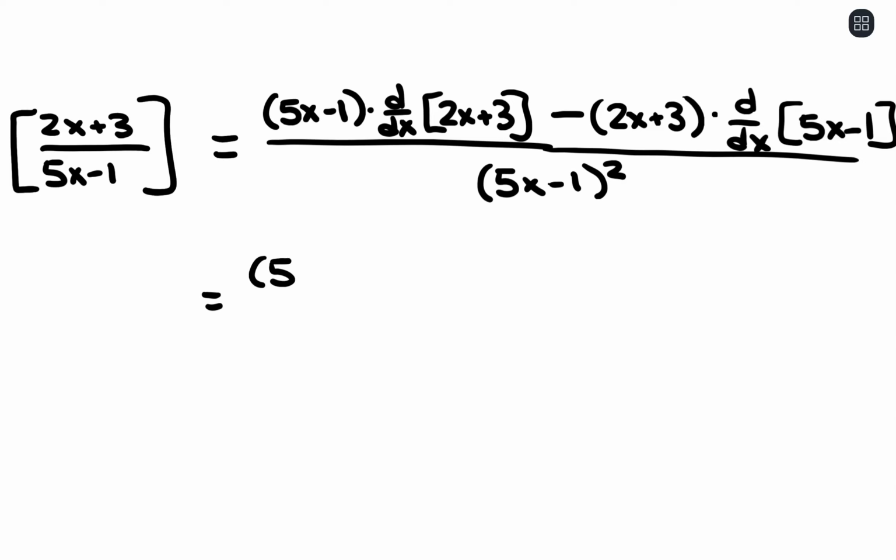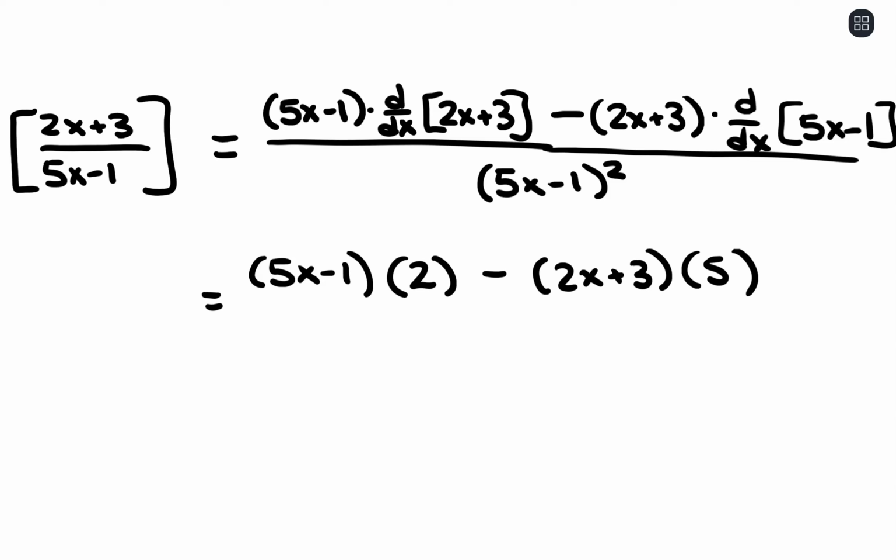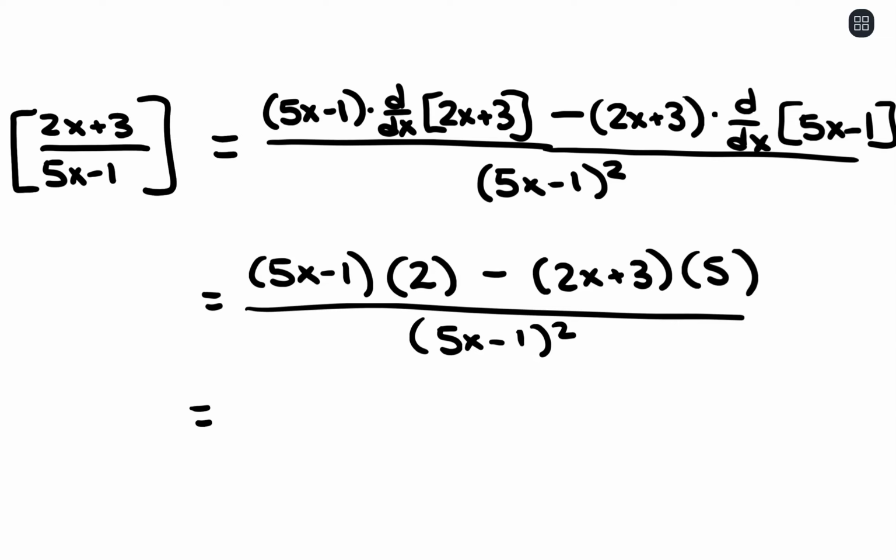All right, we have 5x minus 1. The derivative of 2x plus 3 is just going to be 2, and then minus 2x plus 3 times the derivative of 5x minus 1, which is just 5, over 5x minus 1 squared.